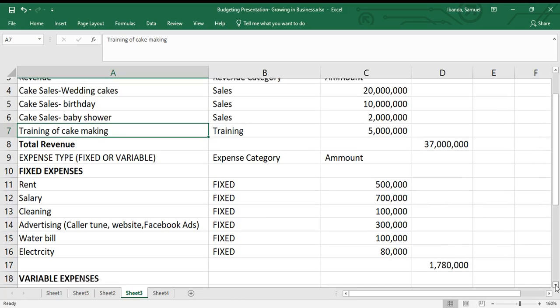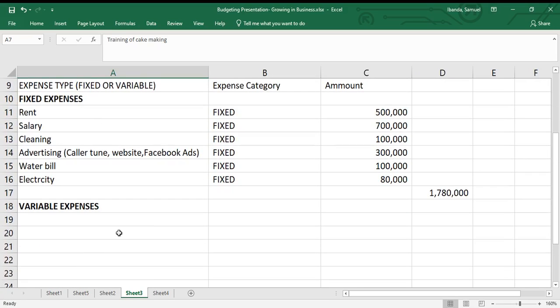Okay, so let's say variable expenses could include maybe the raw materials. I'll just put a subheading here, and you can go on to list them. For raw materials, you could look at the wheat flour, maybe the margarine, or Blue Band, whatever it is.